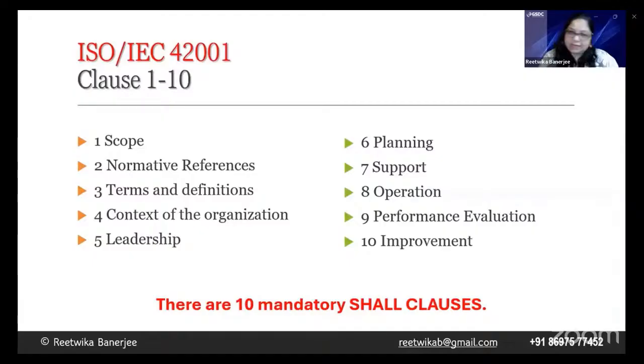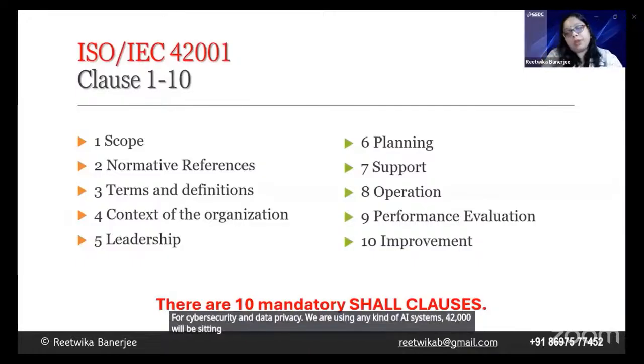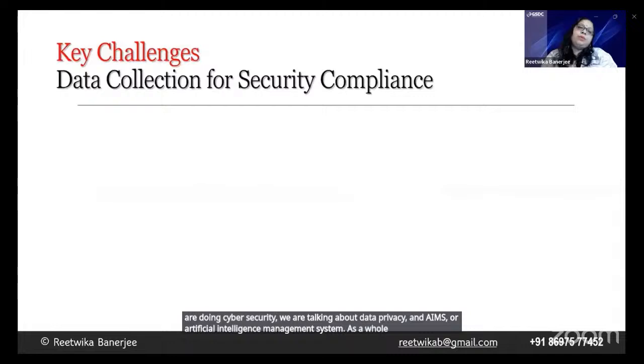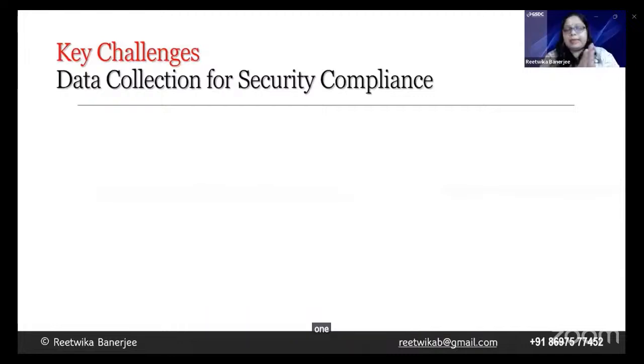So if you club these two, for cybersecurity and data privacy, and we are using any kind of AI systems, 42001 would be sitting on top. So as a whole, we can form it as a triangle. We are doing cybersecurity, we are talking about data privacy, and AIMS, the artificial intelligence management system. As a whole, this becomes one good topic.